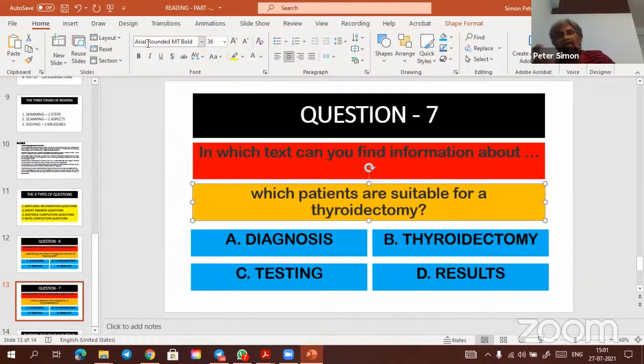So, suitability for thyroidectomy. That means these patients are suitable for thyroidectomy. Thyroidectomy is the procedure. Suitable for thyroidectomy, or it will be in diagnosis, or in the testing, or in the results.